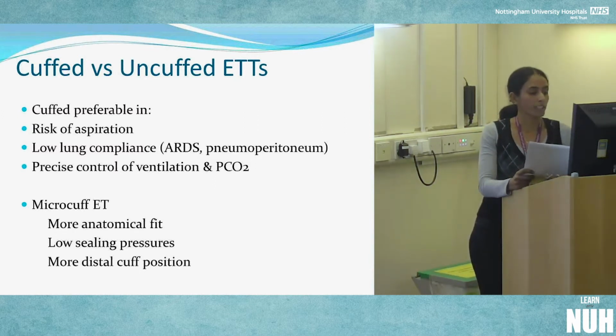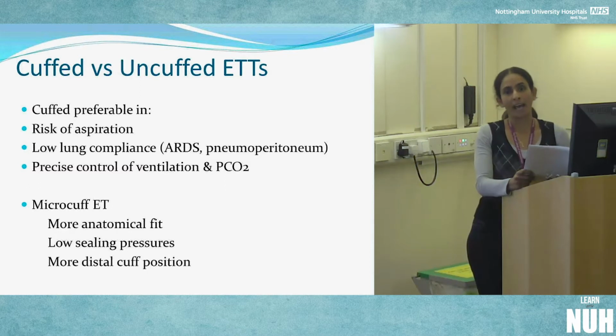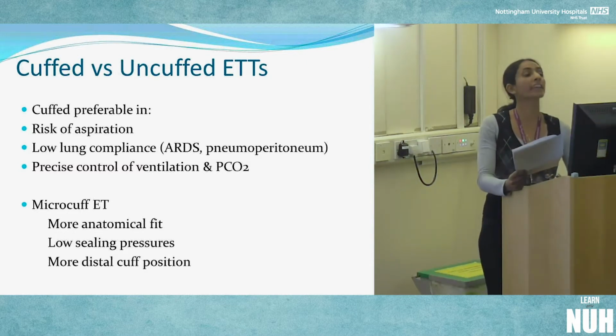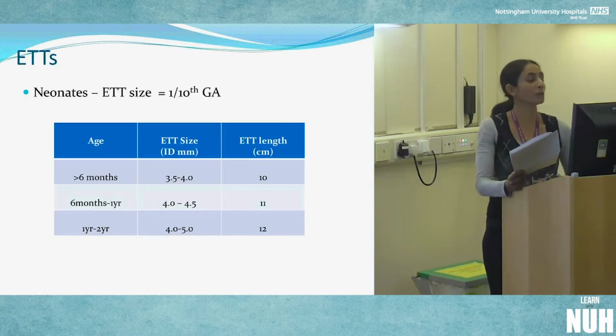The microcuff ET tubes that we have have a more anatomical fit with lower sealing pressures. The cuff position is more distal compared to the standard cuffed pediatric endotracheal tubes, and I think John's got a picture of them to show you later.